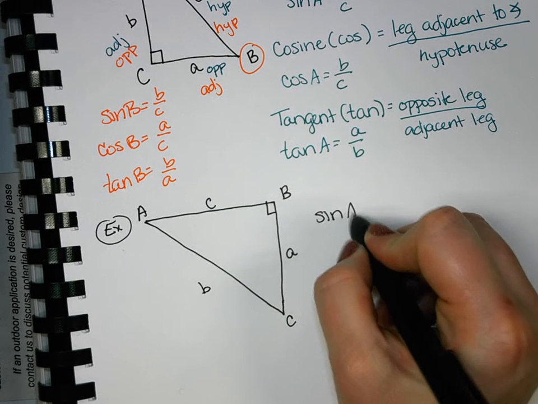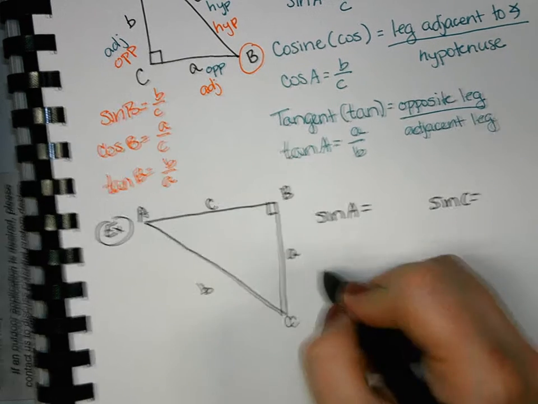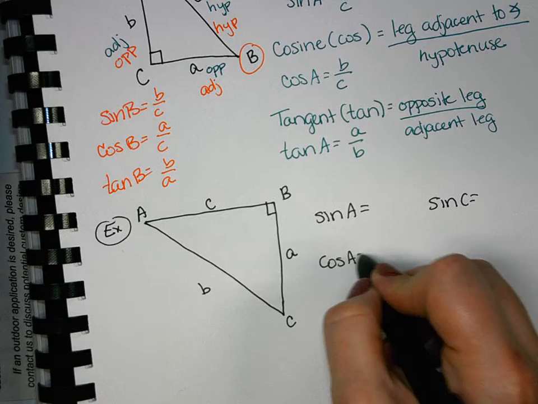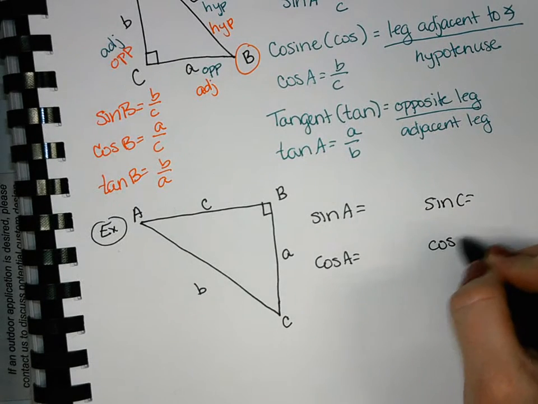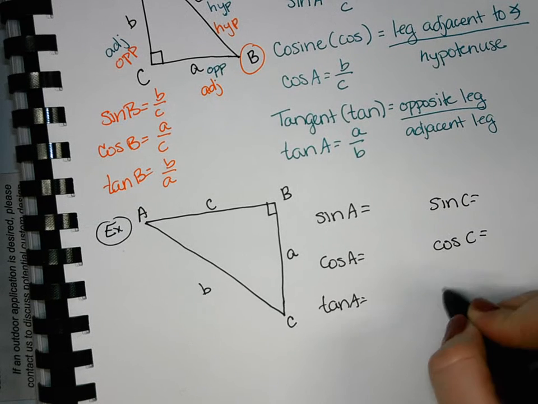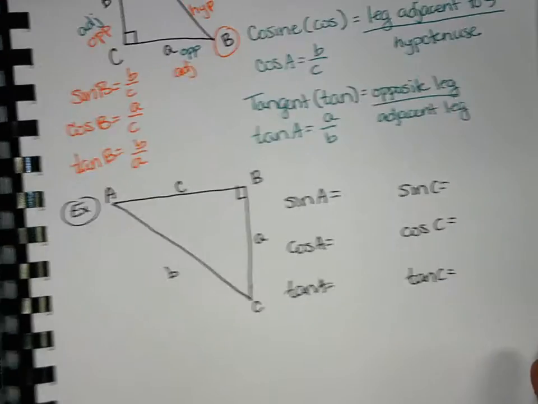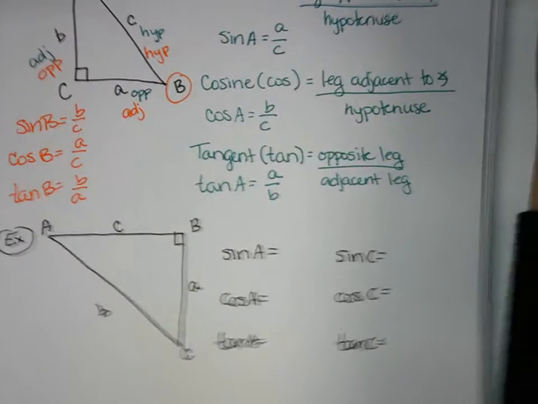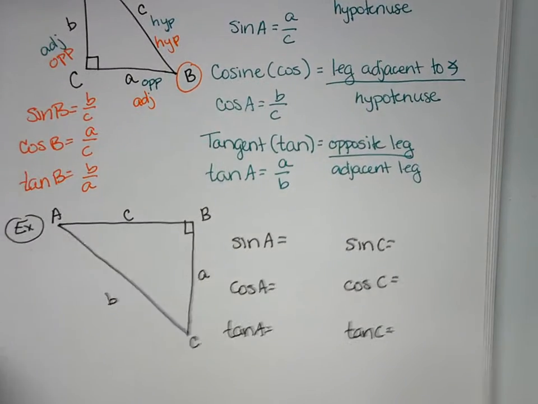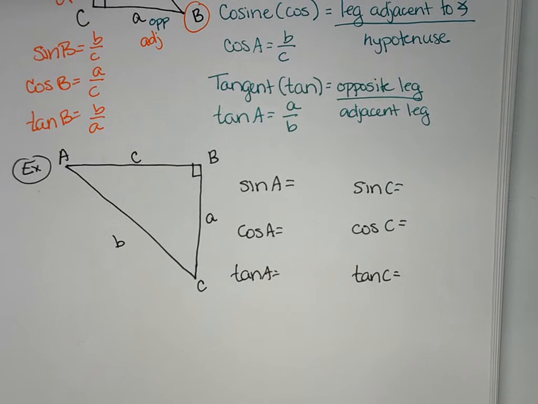We're going to start by finding sine of A and sine of C, cosine of A, cosine of C, and tangent of A, and tangent of C. I'm also going to show you guys an acronym that you can use to help you remember your sine, cosine, and tangent.